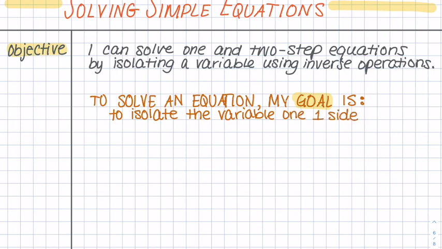So isolate also means to like make someone alone. So the entire goal of solving equations is to try to get your variable all by itself on one side. And we'll talk about what that looks like in a second, okay?